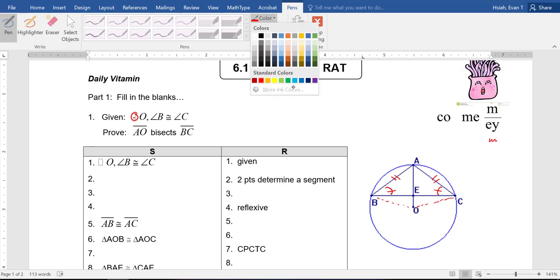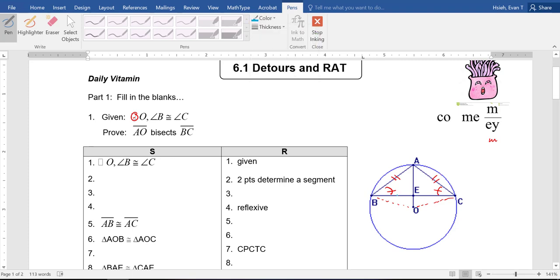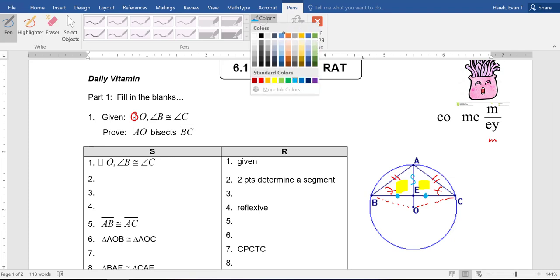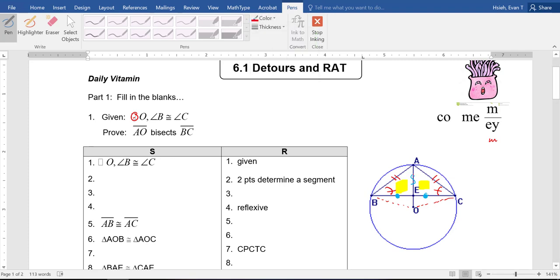So what you need to do, really, if I take a step back, is prove that this is congruent to this. So you can see that maybe the two triangles I need to prove congruent are these two. And so I go, well, hey, I've got a reflexive property down the middle. So that gives me 3 parts of the triangle, so I'm in good shape. I can prove those two triangles congruent.